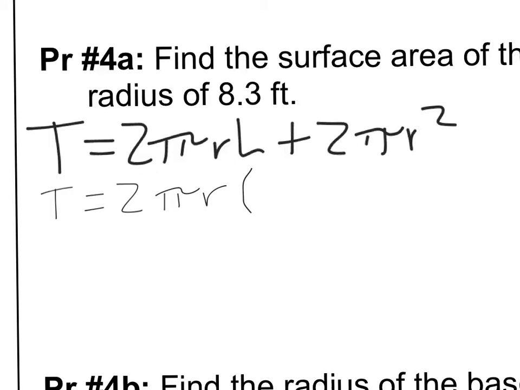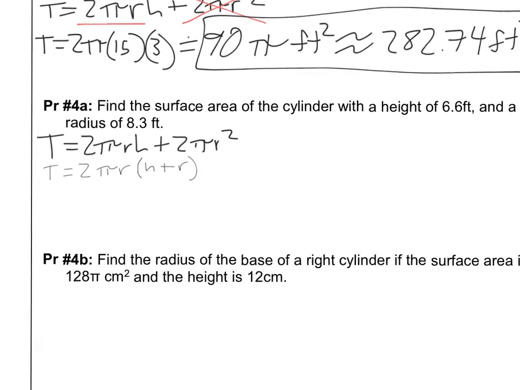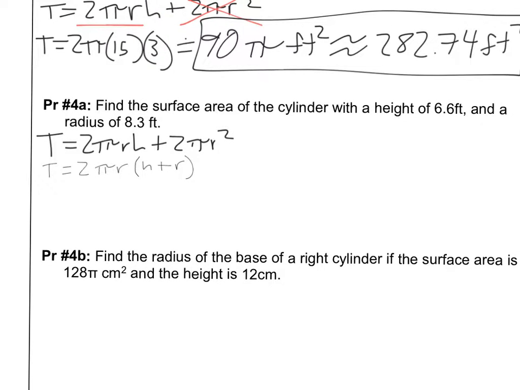This would leave us with an h and another r. This formula is sometimes a little bit easier to work with when you're finding the total surface area. That's why I give it to you. So you may want to try this one. If you want to use the one on top, it's fine. It doesn't really matter. They both will get you the same thing. Okay. Go ahead and give that a try and then unpause the video when you're ready to check your work.